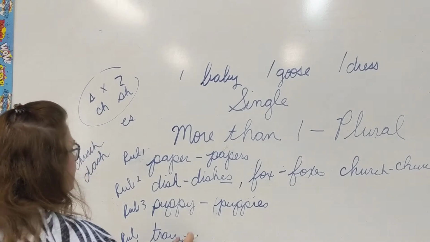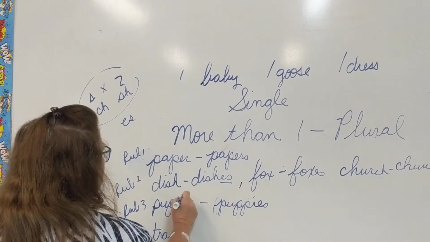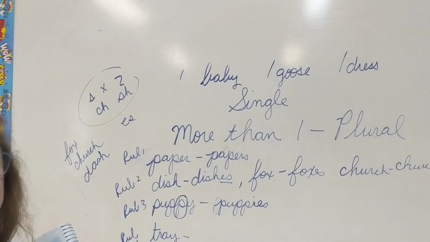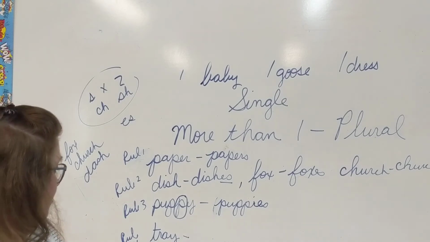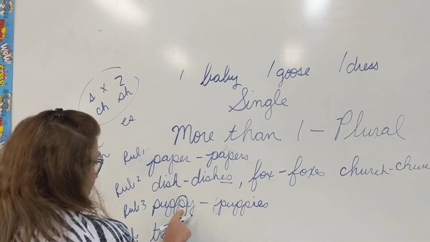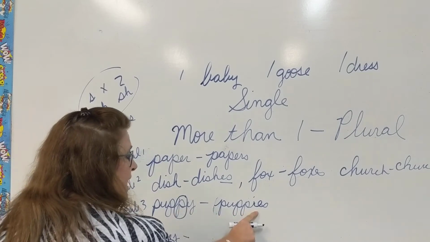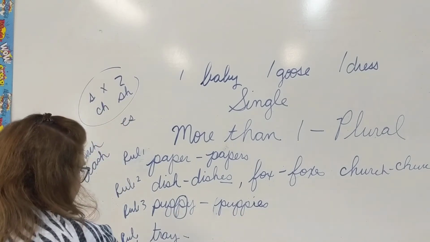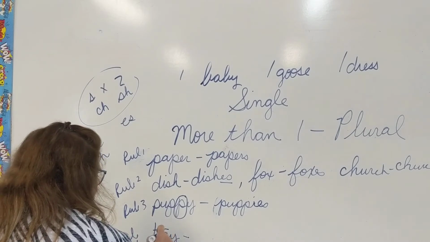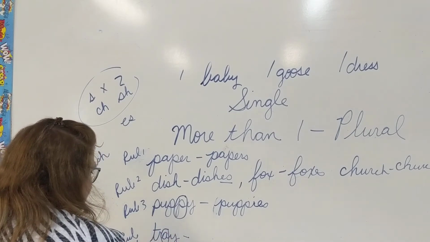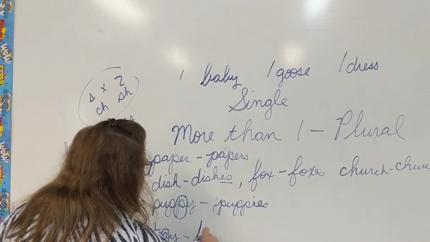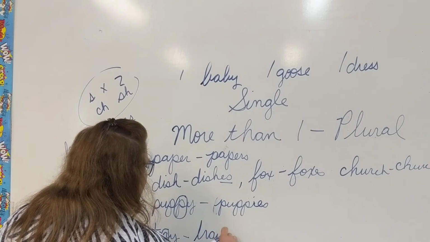So I want you to look at the letter before the Y in the word puppy. It is a P. P is a consonant. So when you have a consonant in front of your Y, you change the Y to I. But when you have a vowel, look at this word. We have an A in front of our Y. When you have a vowel in front of your Y, then you just add an S to make it plural.